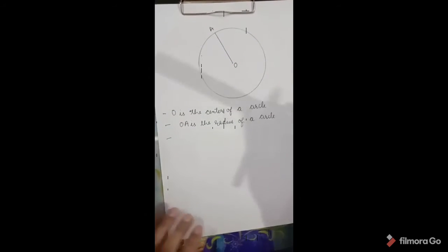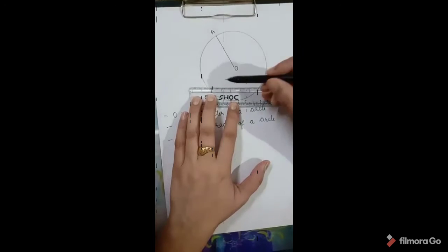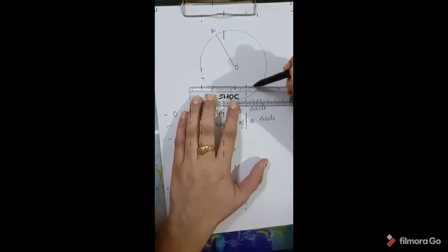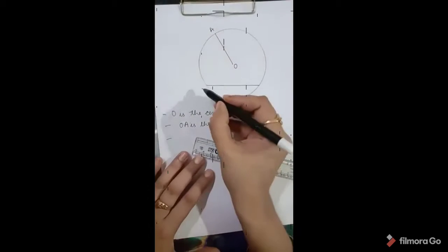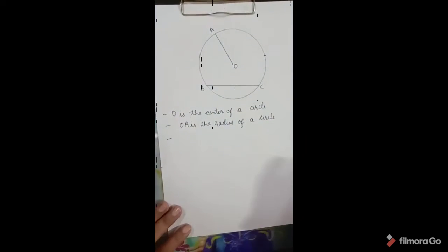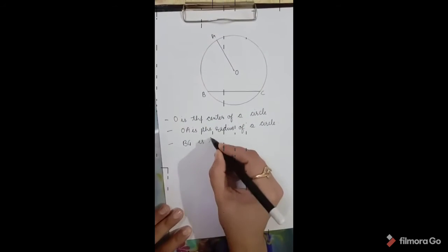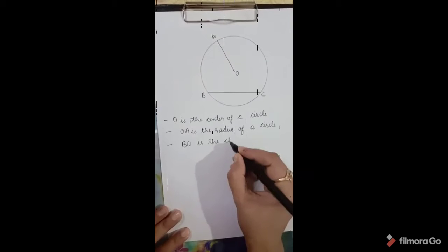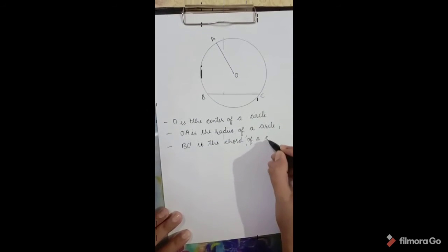Again, with the help of a scale, I draw one line whose both end points are on the circle. I mark them as B and C. BC is the chord. It is called the chord of a circle.